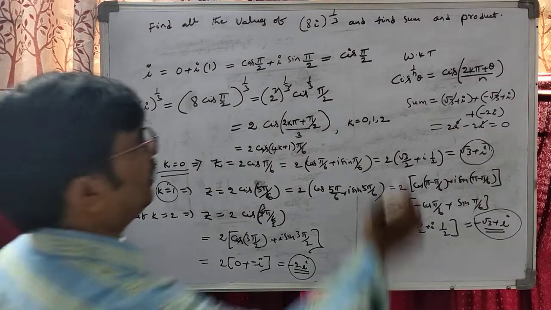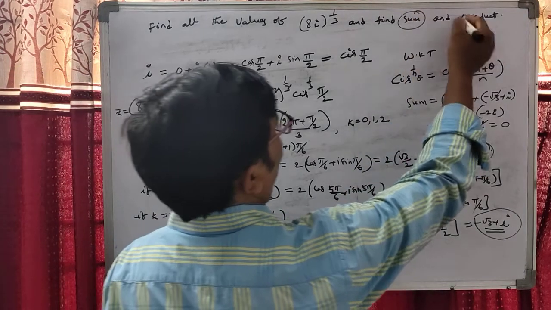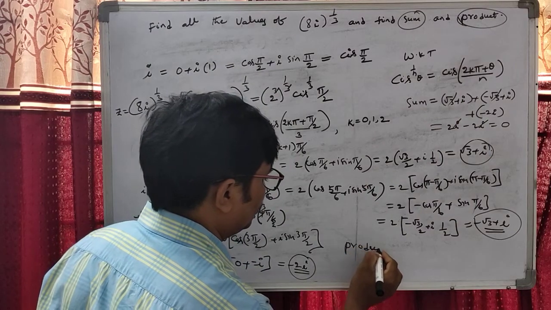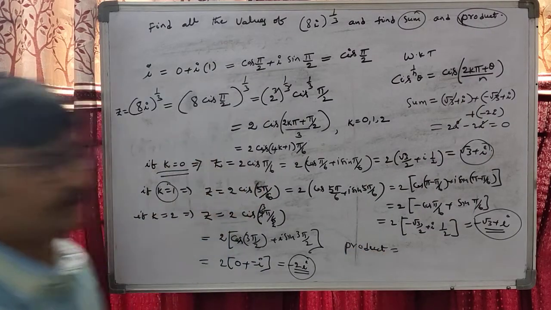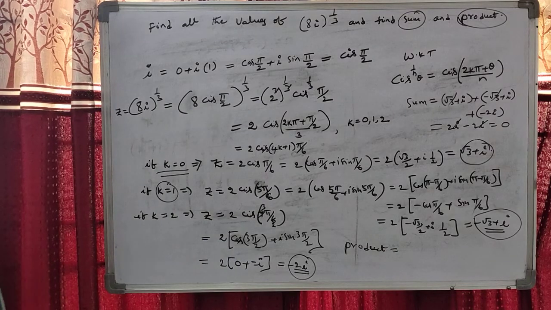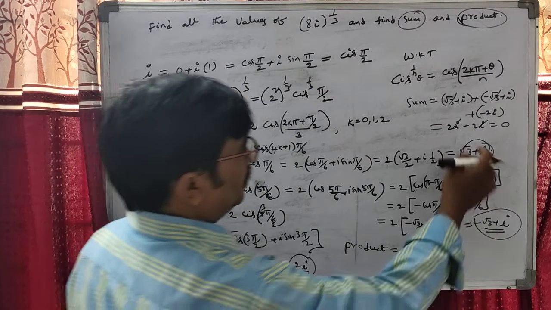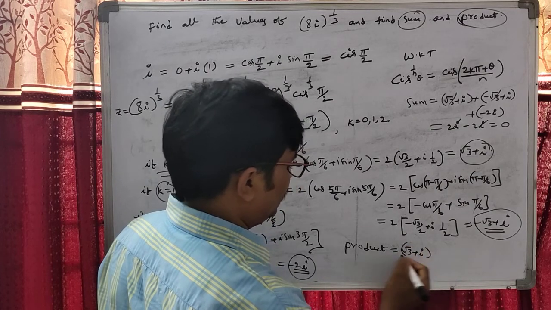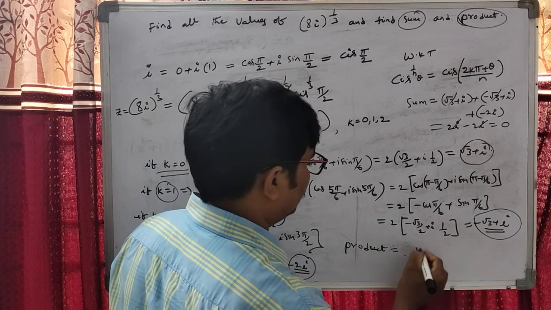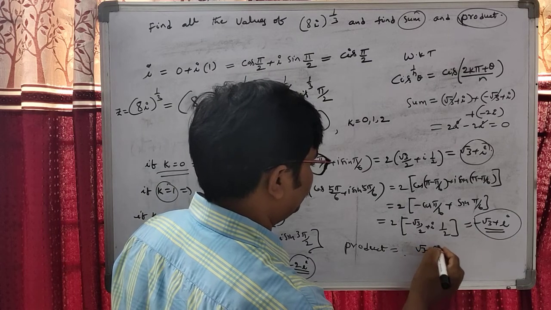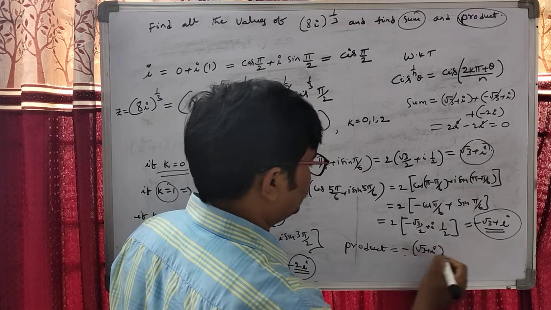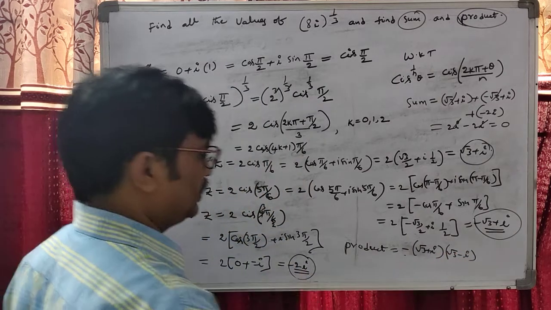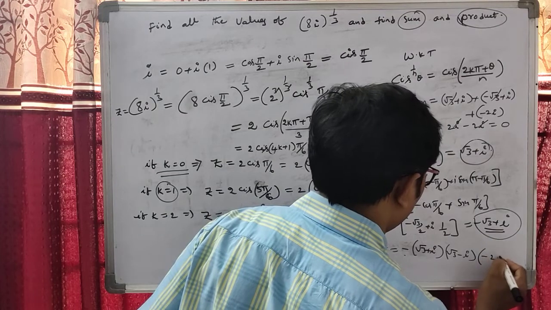Now students, we have to find the product. The product is equal to, first we take root 3 plus i. After that, minus is common, root 3 minus i, and minus 2i.